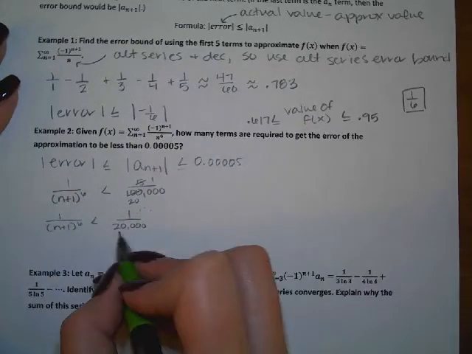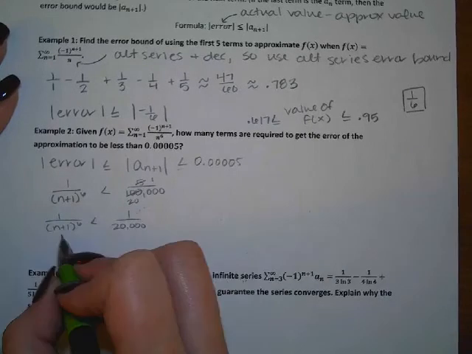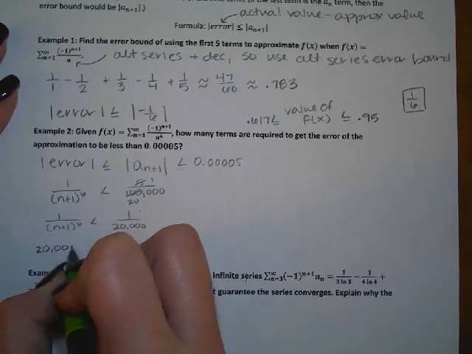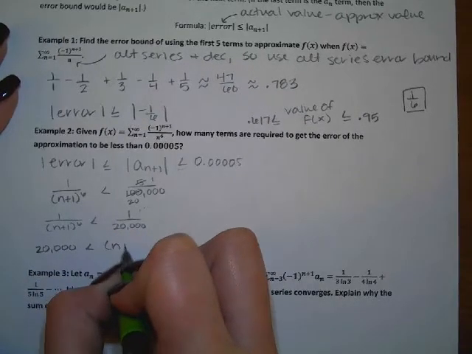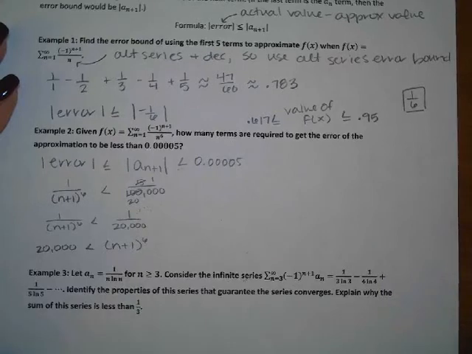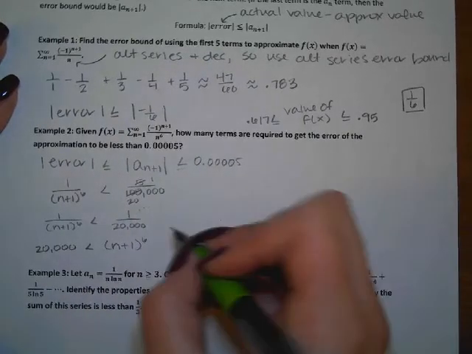I will go ahead and multiply the 20,000 over here, multiply the n plus 1 to the 6th over there. So 20,000 is less than n plus 1 to the 6th. Oh, I forgot this is a calculator problem, because 6th rooting that is going to be rough.